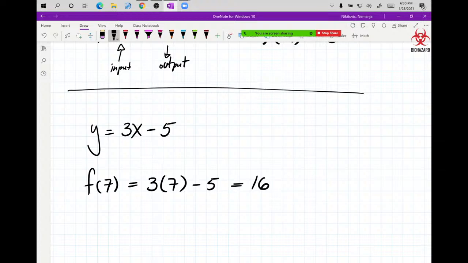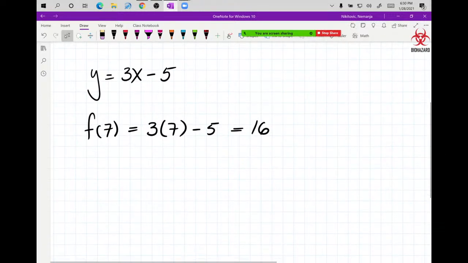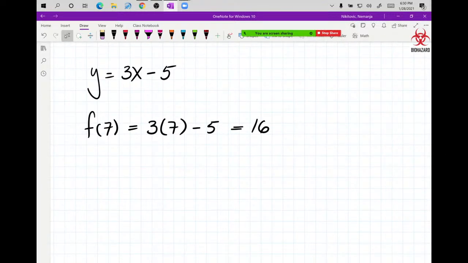There has to be a method to go back, because I want to find another function that feeds 16 and gives me back 7 on the other end. And the question is, how do we do that?